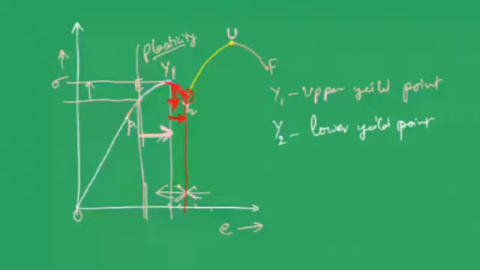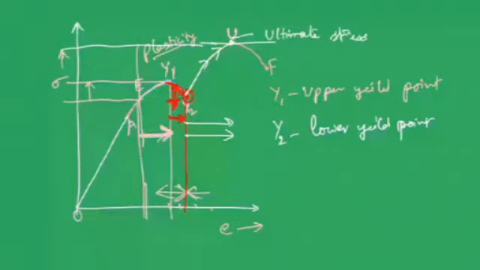Now, what is happening beyond Y2? Beyond Y2, you can see there is an increase in the stress again. As the load is applied, the deformation is happening, but not so easily. Rather, the body is exhibiting more stress, and the stress reaches its maximum value. This maximum value of stress is called the ultimate stress.